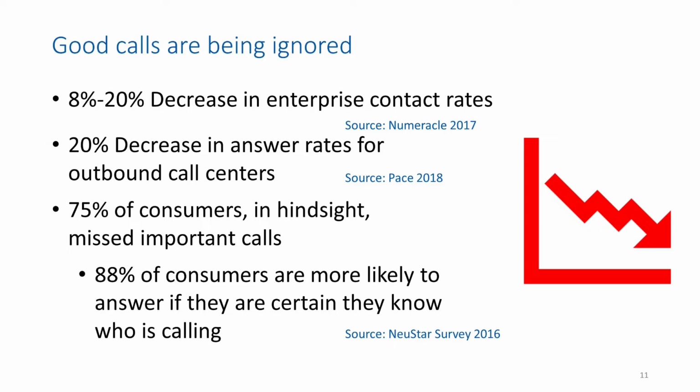And again, there are very legitimate reasons, right? You're late on a payment, your car loan's due, there's a new offer to reduce the cost of some service. And of course, now upwards of 75% of consumers miss important calls. And this is from a survey Neustar's been doing, trying to understand the impact of the robocall problem.